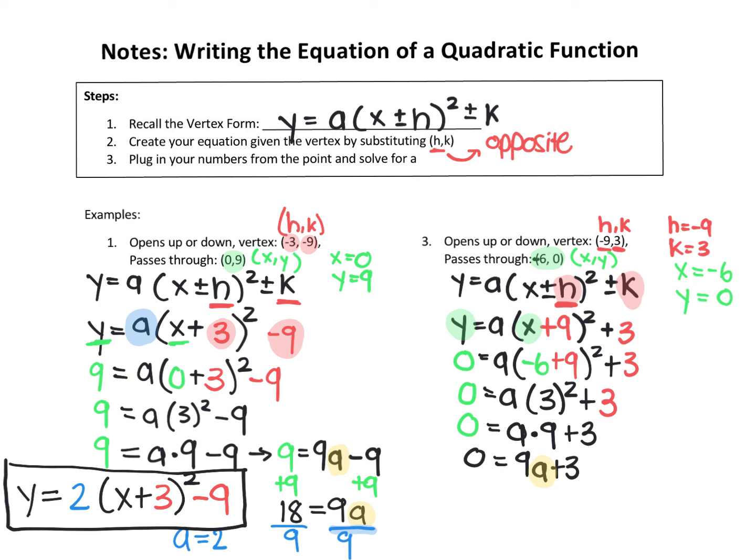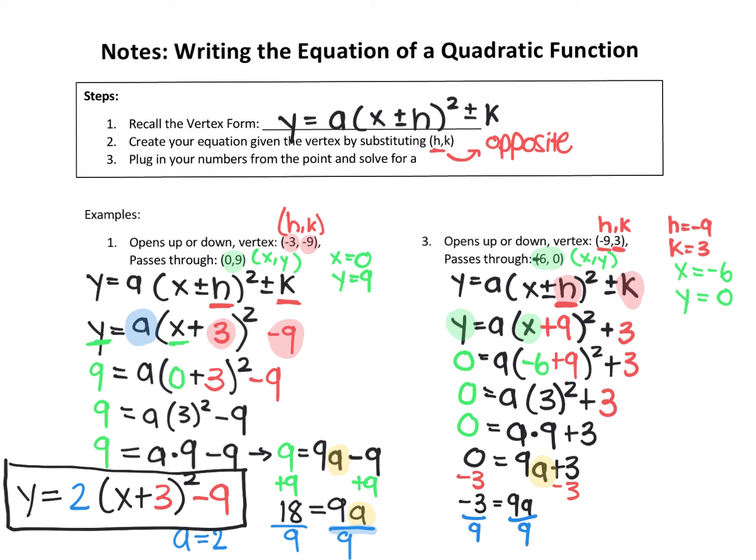So on both sides, I'm going to get a by itself first by subtracting the 3. So now I get -3 equals 9a. And now, we're almost there. We're going to get a by itself by dividing both sides by 9.